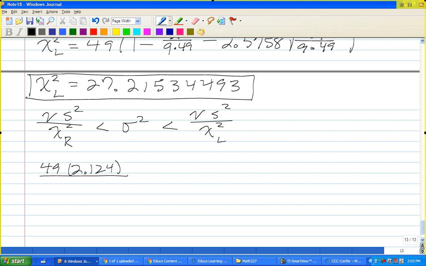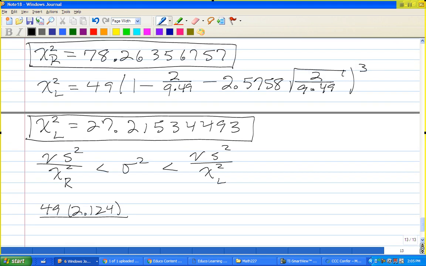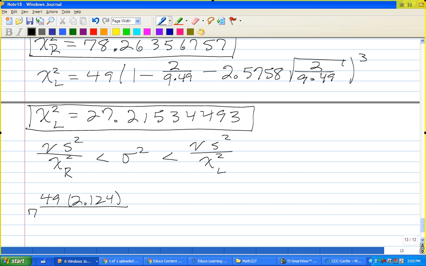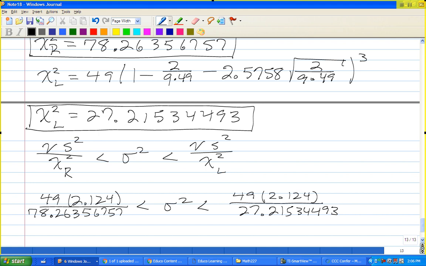My right was 78.26356757, my degrees of freedom is the same, 49, my variance was the same, 2.124, and the left was 27.21534493.